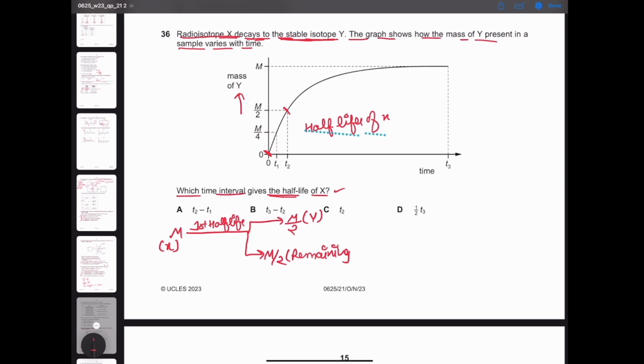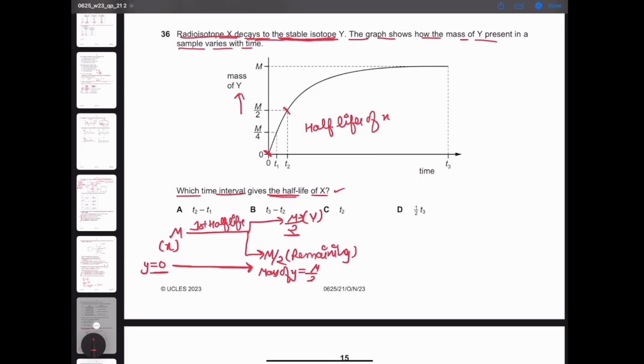So I've written it like this. Now just think about it. Don't you think that before decay, mass of Y was 0 and after the first half-life happened, mass of Y is m by 2? Just think about it. Initially, before decay, Y was not present at all. But then, when the first half life for m happened, the m by 2 got converted to Y. This is what the statement is saying. It decays to form stable isotope Y. Right?